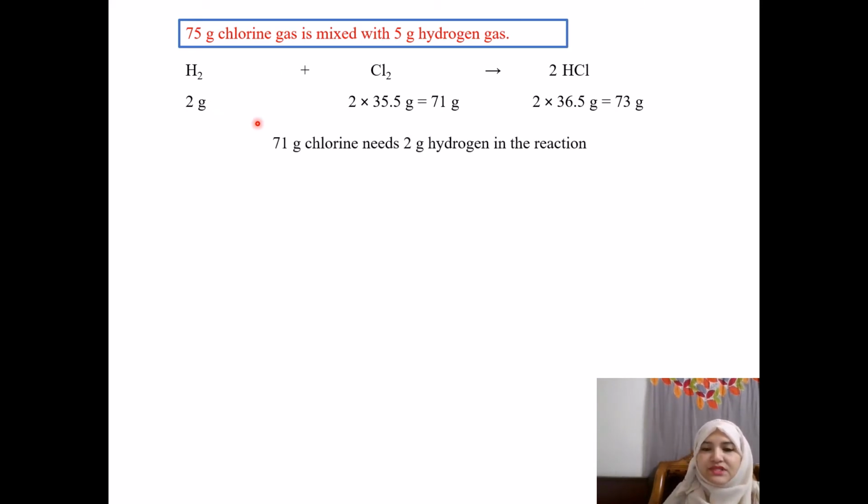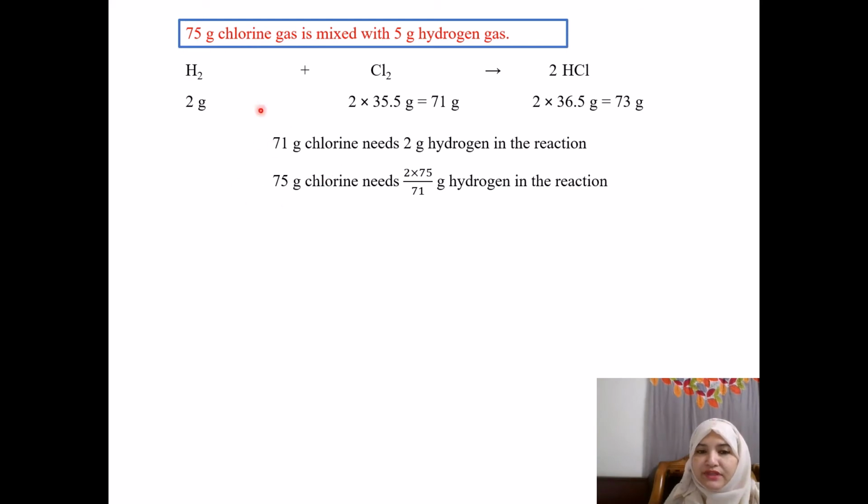If we start with chlorine, 71 gram chlorine needs 2 gram hydrogen in the reaction, and our given amount is 75 gram chlorine. 75 gram chlorine needs how much hydrogen to produce HCl? We get 2.1 gram hydrogen in the reaction. And we have 5 gram hydrogen.